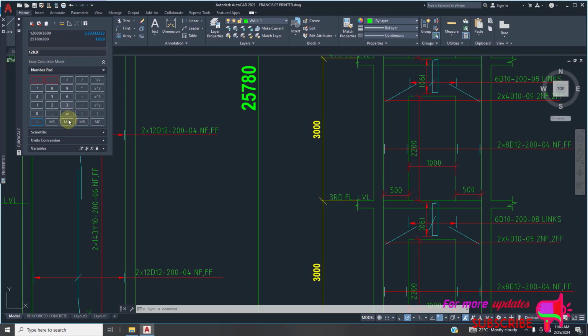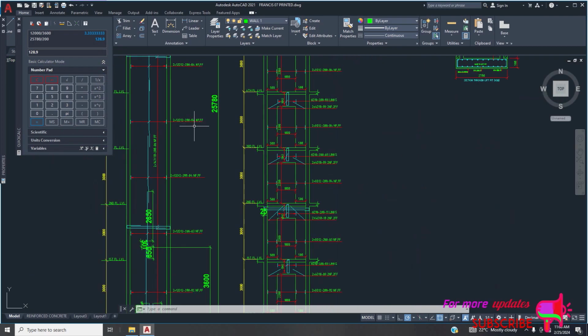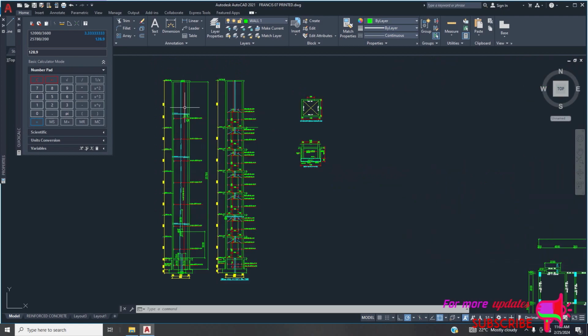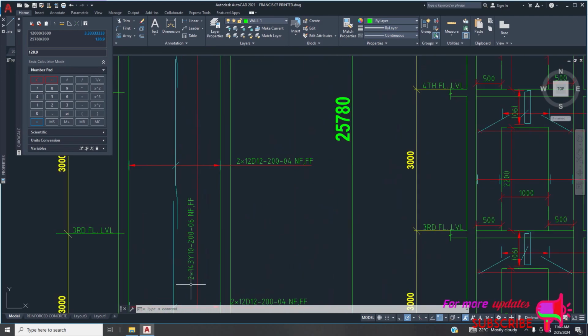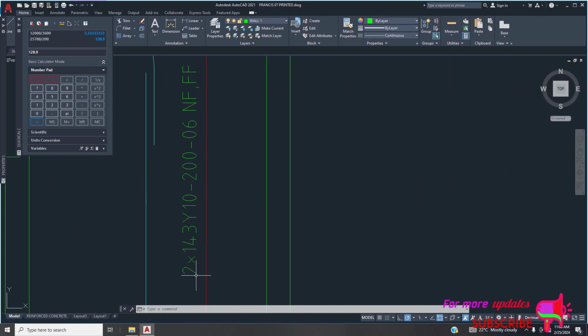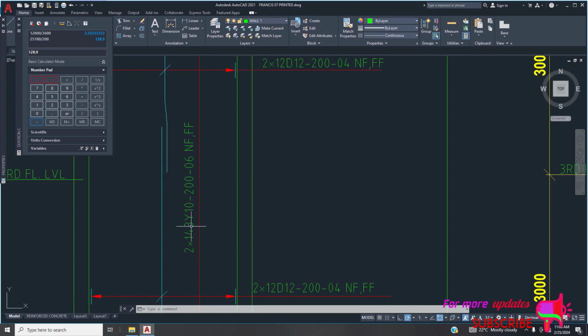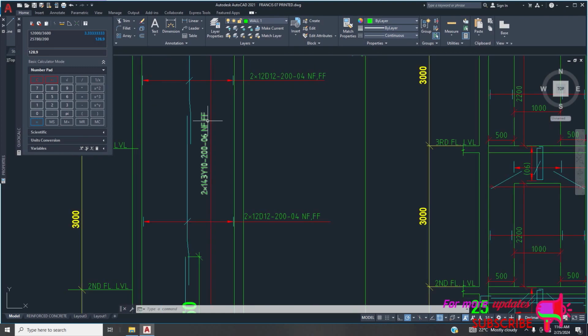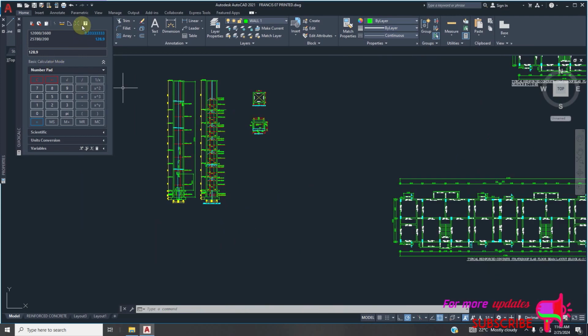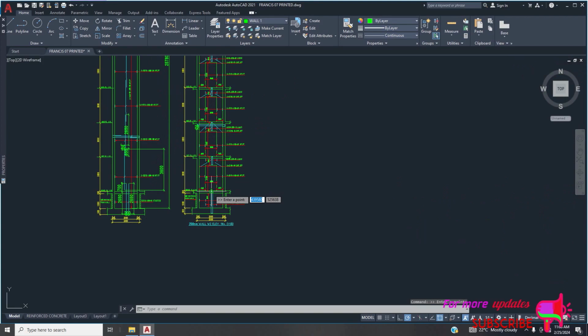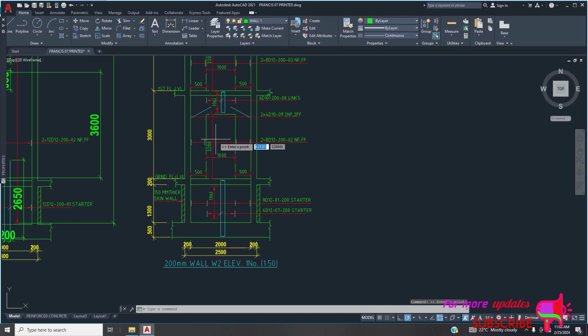You can see it's about 128, but this one is going to the top, so therefore that will be 2 times 143 T10, not Y. We usually use T10 at 200 near face and far face. That is the transversal. Now the problem comes when you are doing this side with an opening.